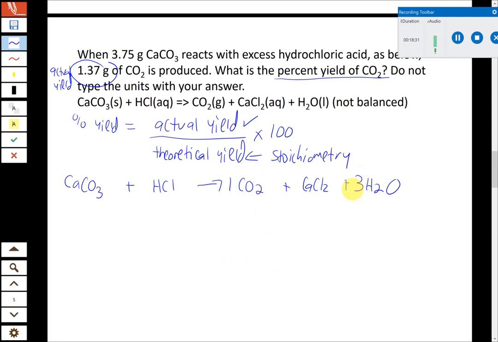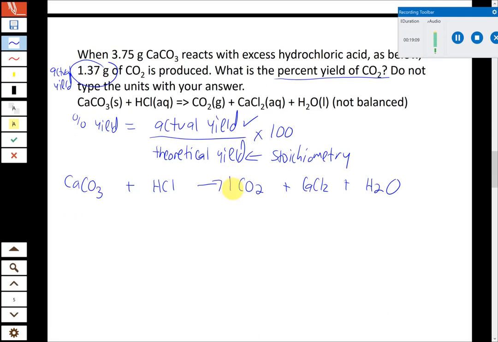And then to make sure everything remains balanced, let's see... what did I do wrong? Something wrong here. Let me try that again. Calcium carbonate plus HCl gives CO2 and water. 1 carbon, so we're going to make 1 CO2.